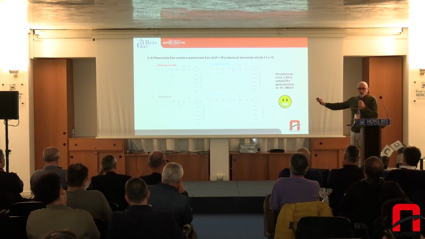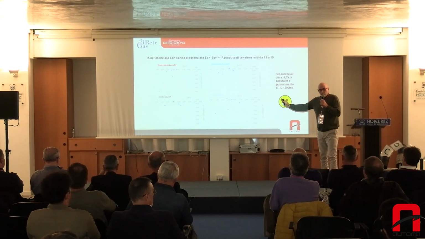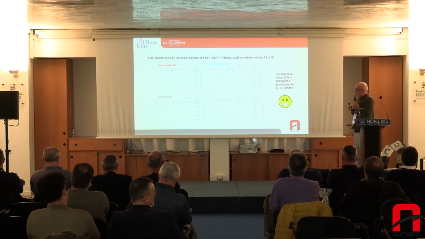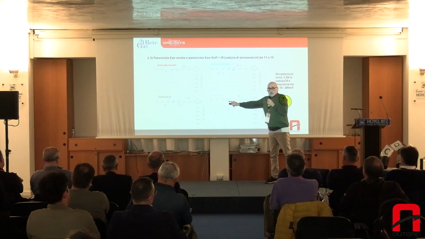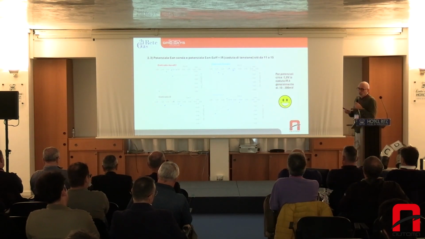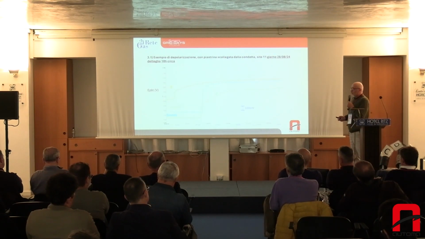But there is a drop nonetheless. So we cannot say that by placing a probe, I have no variation. I have it also with potentials that are not so electronegative, so I need to be careful.